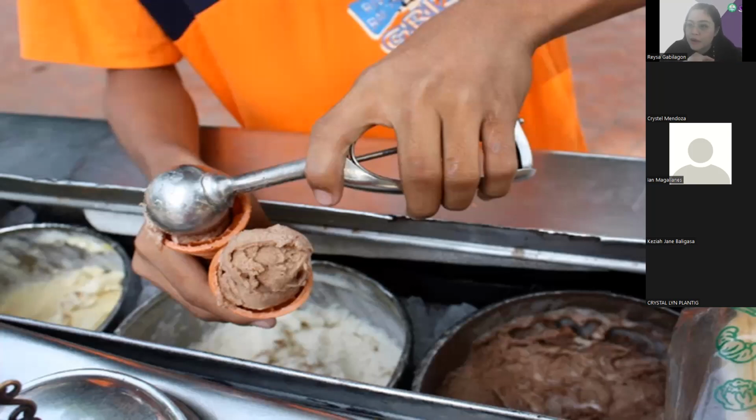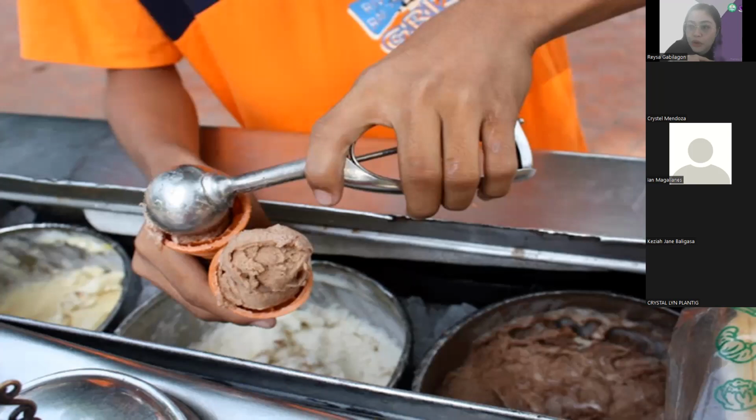Actually, beaker number 1 did not really have any solute nilagay. Okay? So, actually, theoretically, if you add more solute, there will be increase in the boiling point.